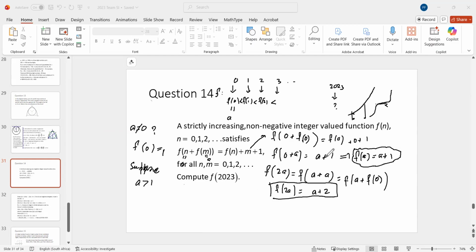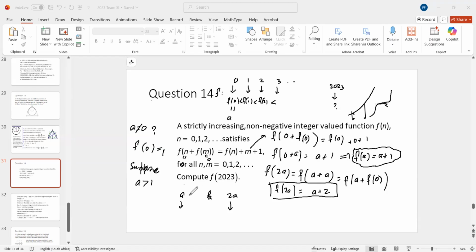Now, this is what we've got here. You see, we've got a and 2a. A is here somewhere, and you got 2a somewhere. And if a is greater than 1, like a equals 2, this will be 2 and this will be 4. And if a is 10, 10 and 20. But the point is, there is always an integer in between a and 2a.